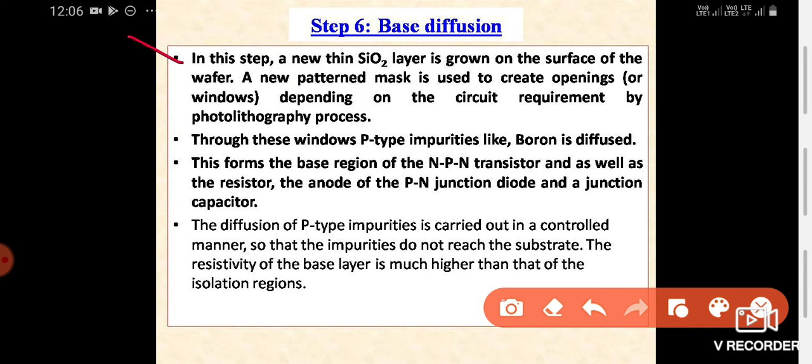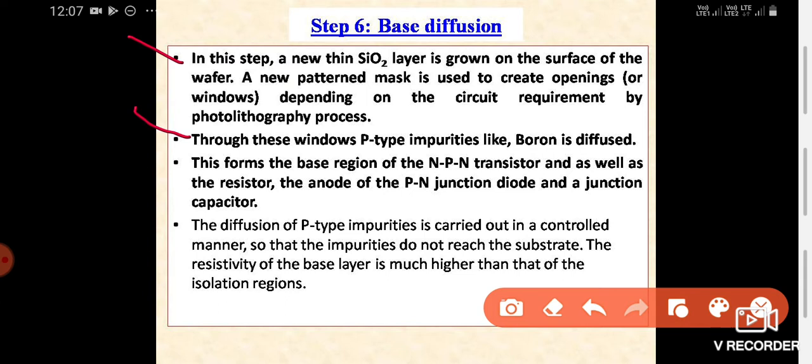That is, at every step we have to grow a silicon dioxide layer, and we have to carry out photolithographic etching to make the windows selectively. Now, a new patterned mask is used to create openings or windows depending on the circuit requirement by the photolithographic etching process. Through these windows, P-type impurities like boron are diffused.